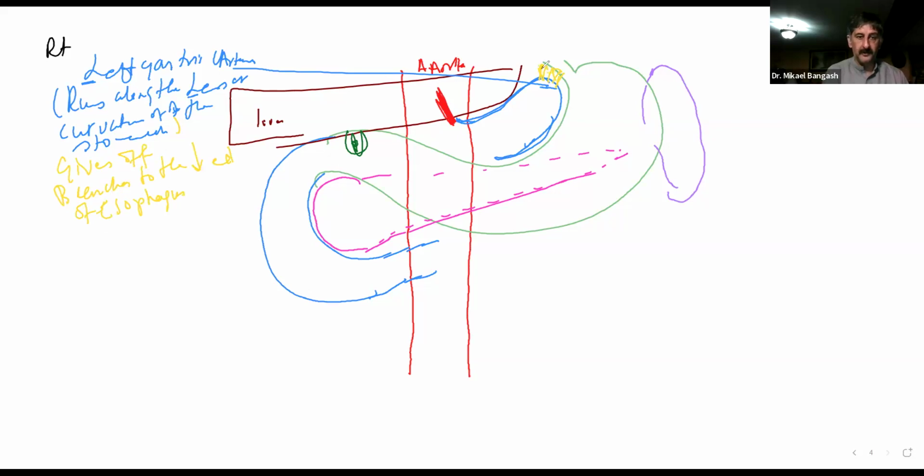What do we call these branches? Nothing more than esophageal branches.